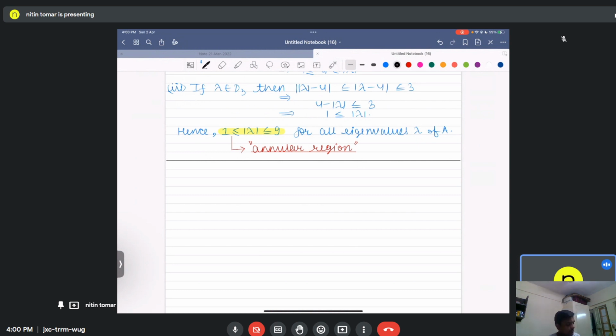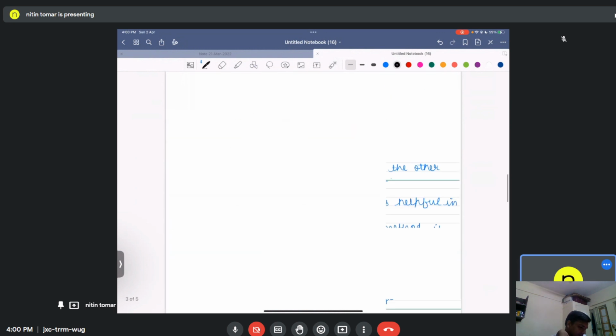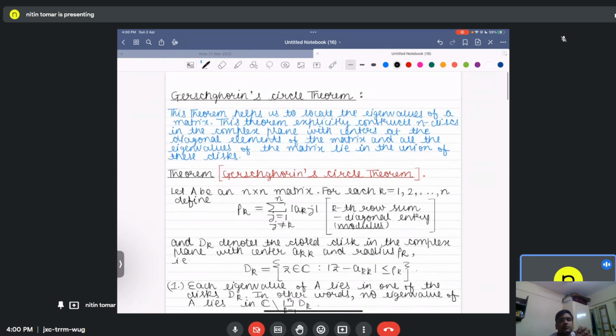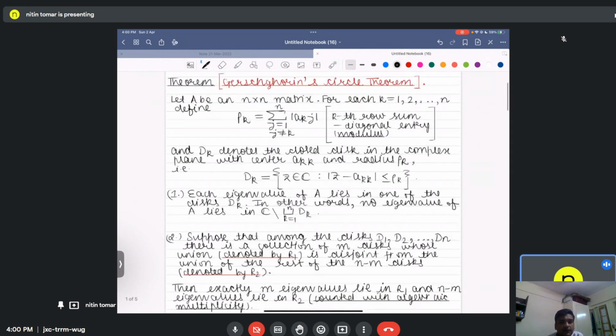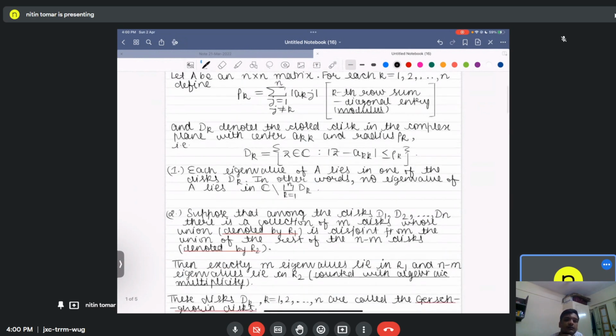Okay, so we stop here with the linear methods. Let us see what we have done so far. We have seen the Gershgorin circle theorem. This theorem helps us to locate the eigenvalues of a matrix. They lie in the closed disks obtained from the kth row sum excluding the diagonal entry, and the center is the diagonal entry itself.